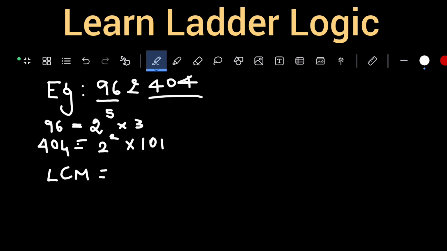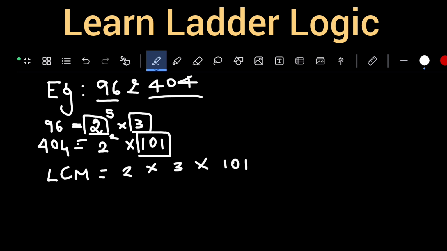You just write the variety of numbers available to you. Here, you can see the number 2 being available in the question, 3 being available in the question, and 101 being available to you. So, I'm just writing the possible numbers available to me. 2 into 3 into 101, right?